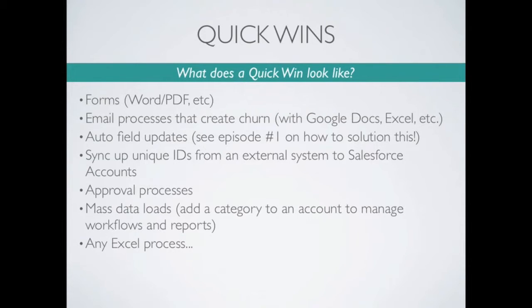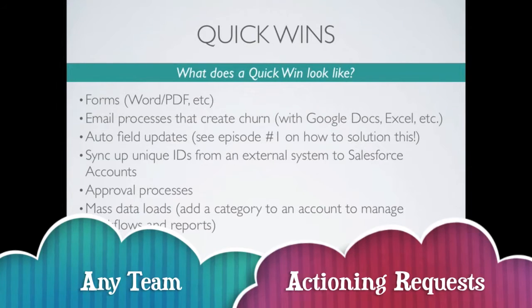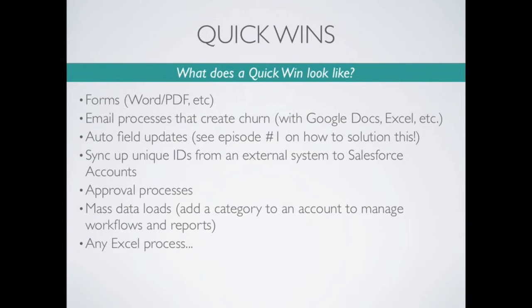Everybody thinks it has to be a true support team or true customer service agents, but this could be an internal team that just actions items based on an email that comes in from another department. They can't track all of that, they don't have a lot of visibility into it, and they have to constantly ask questions back, which creates a lot of churn because the people sending the request don't know exactly what to enter into the email.